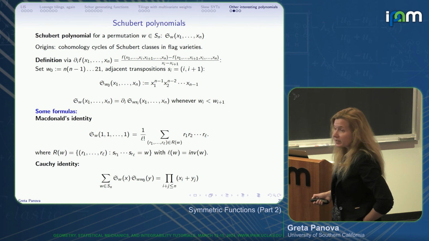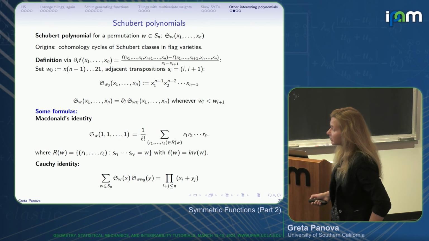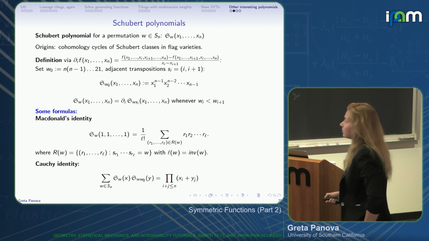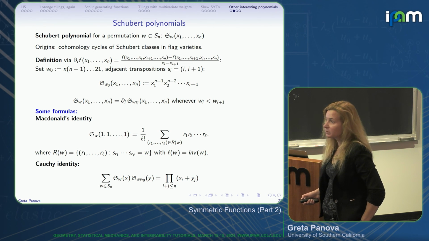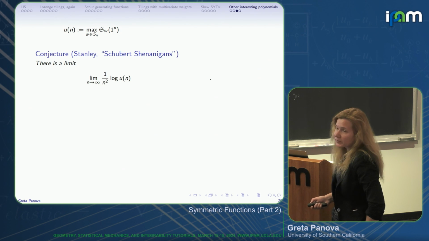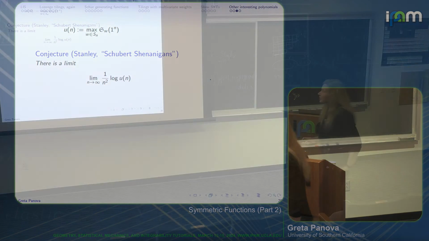There is a Cauchy identity, similar to the identities I showed last time. If we take w and then w times w0, so it's like a reflection of the diagram of w, with two variables, you get this nice product formula. And we have a favorite problem associated to this.